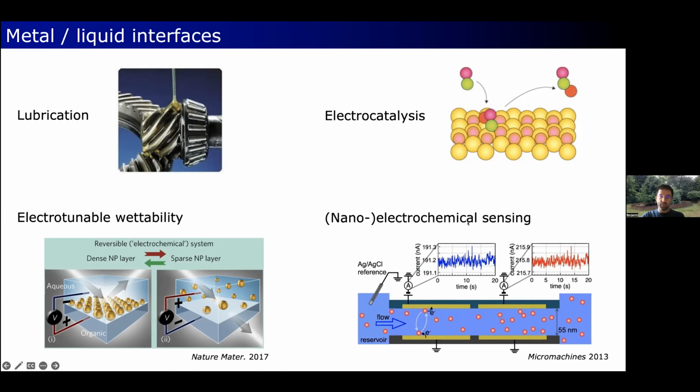I'm going to tell you more about things related to electrochemical sensing, where you use electrodes in microfluidic or nanofluidic devices to detect the presence of charged species or redox active species. You can measure the current or the charge of the electrode and look at the fluctuations of the charge or the currents in order to infer information on what happens at the interface between the solution and the electrode.